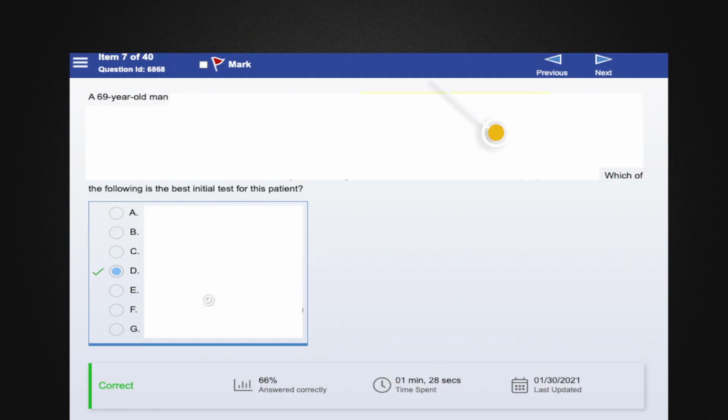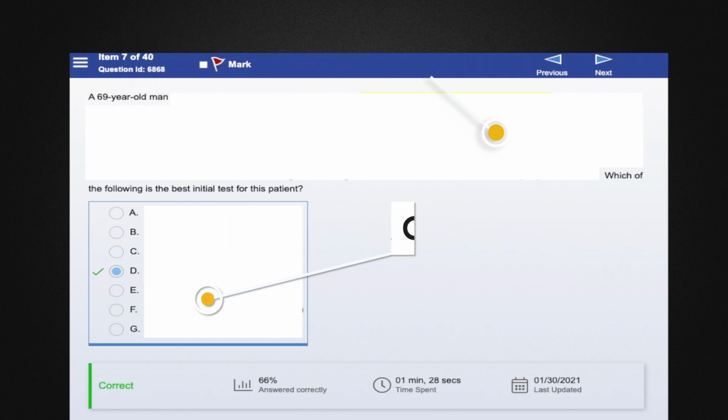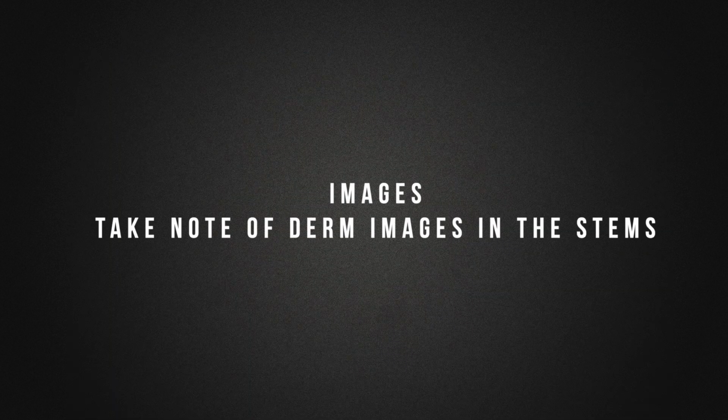UWorld is comprised of the questions, answers, and images, as you all know, because I know you've taken this for Step 1 as well, and it's about the same for Step 2 CK: the vignette or the case questions, and then the answer choices, A to, I don't know how many choices they want to throw at you, and then images.